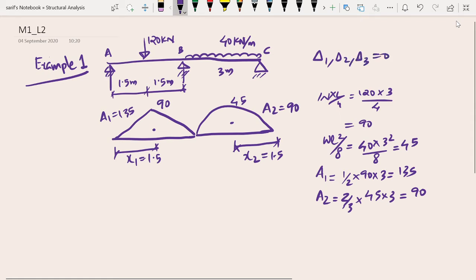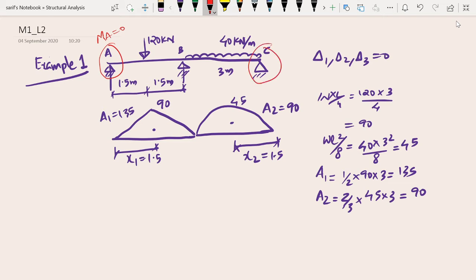Similarly, the end supports here are both simple supports, so MA will be equal to 0 and MC will be equal to 0. So the only unknown in this equation is MB, and we have to find MB.